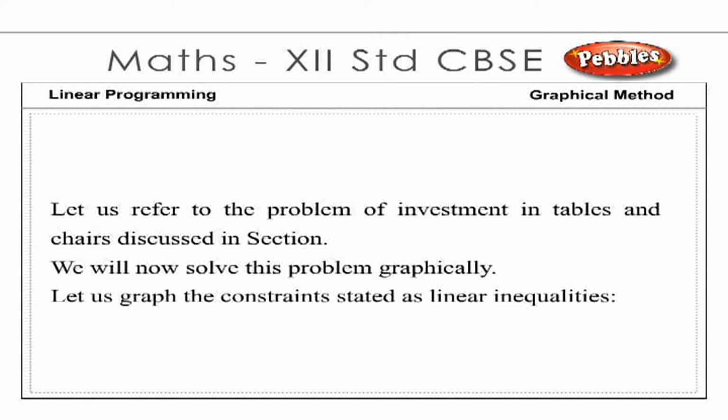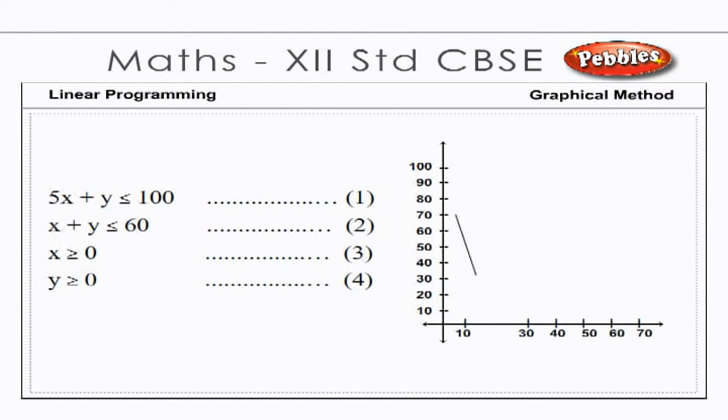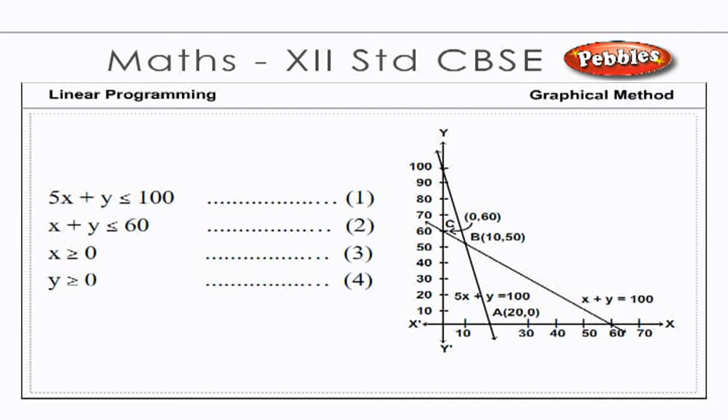Let us graph the constraints stated as linear inequalities. 5x plus y is less than or equal to 100, equation 1. x plus y is less than or equal to 60, equation 2. x is greater than or equal to 0, equation 3. y is greater than or equal to 0, equation 4.